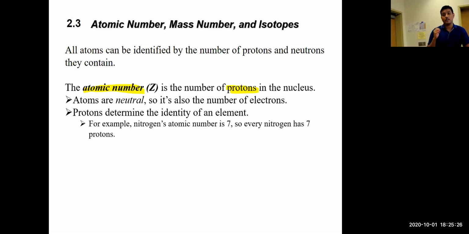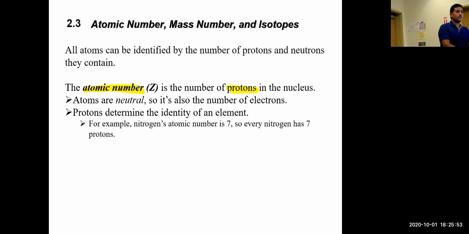A proton has a +1 charge and an electron has a -1 charge. So if the element is neutral, the number of protons an atom has should equal the number of electrons. If you know the atomic number of an element, you know the number of protons, and if you know the number of protons, you know how many electrons the element has.